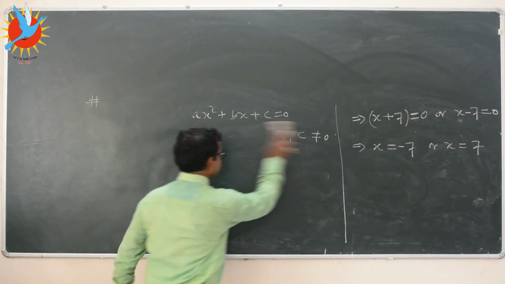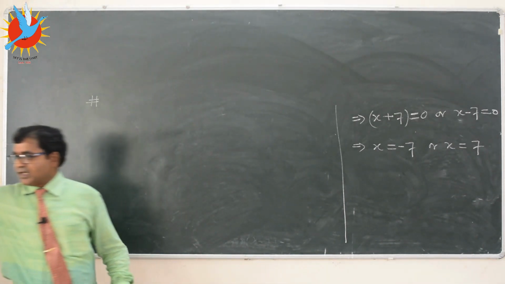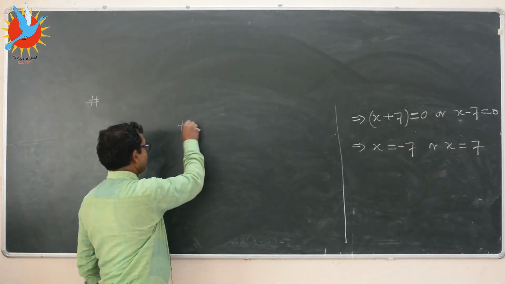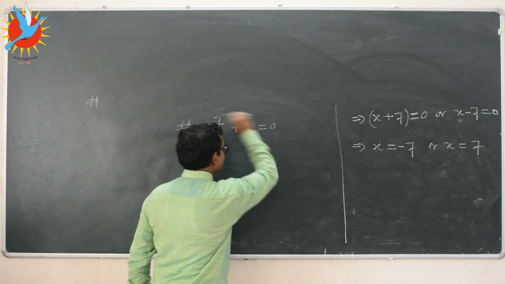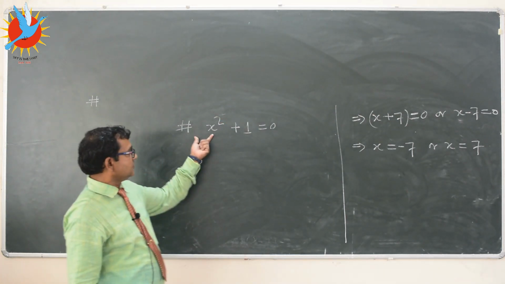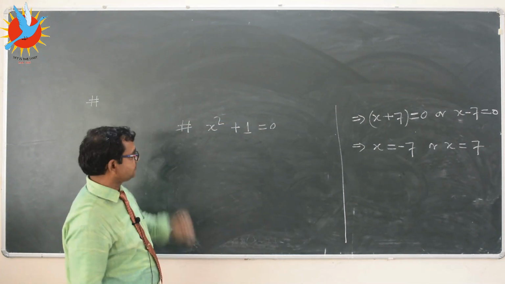For instance, x square plus 1 equal to 0. So it cannot be factorized.